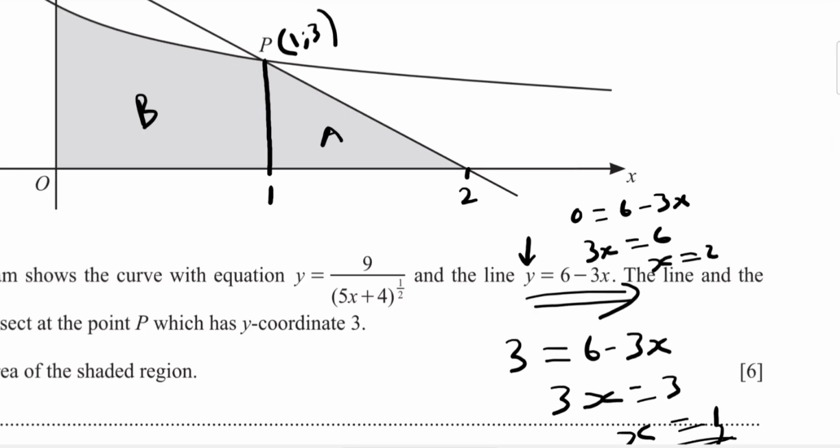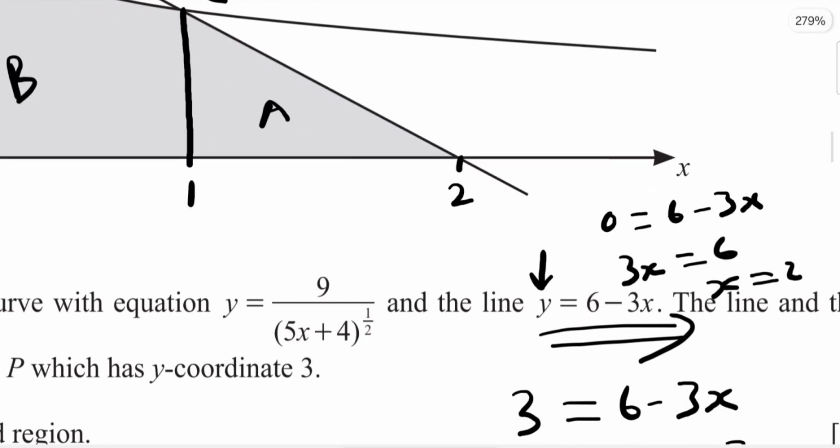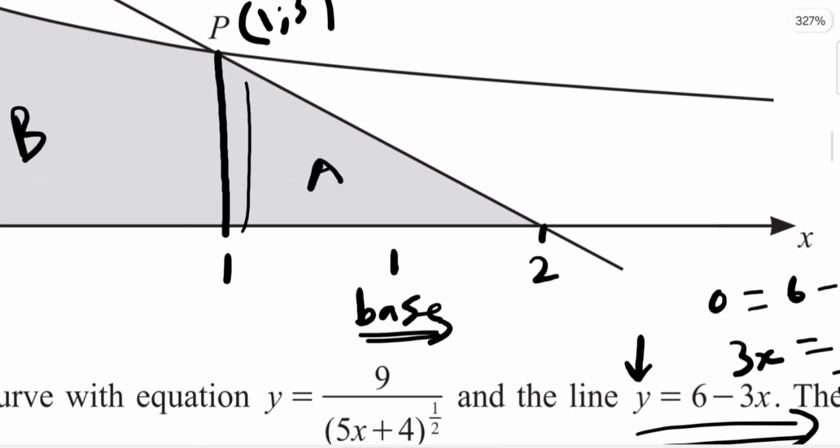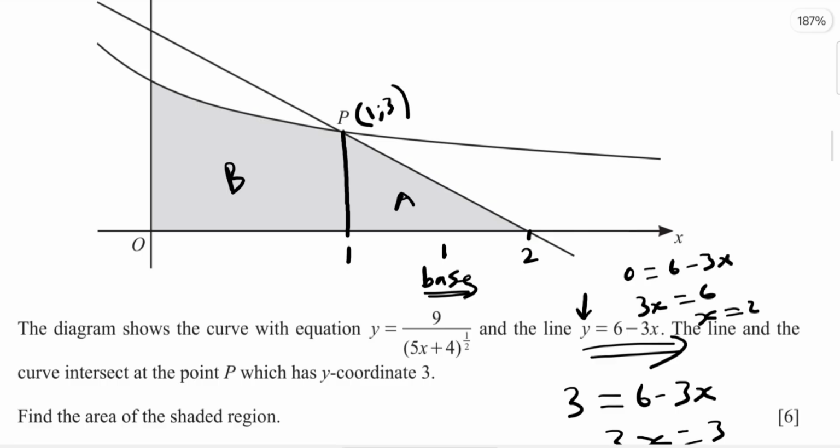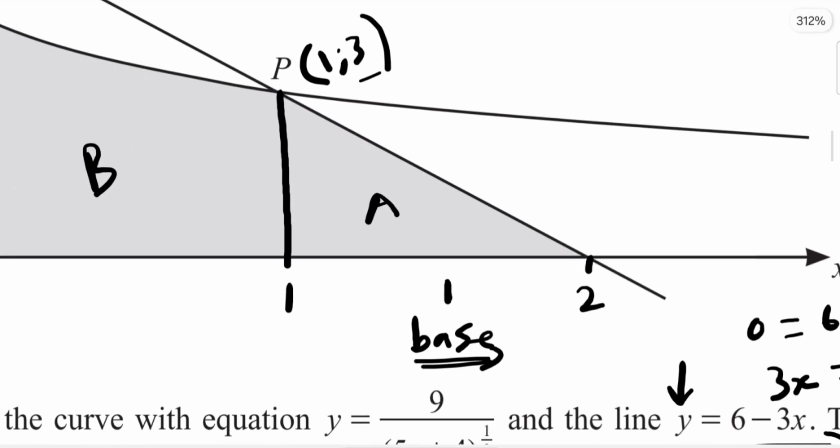And for the dimensions of the triangle, we have 1 for this side, which can be our base, and for this we can say it's 3, from 0 to 3, looking at the y-axis.